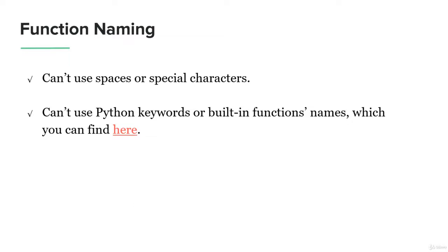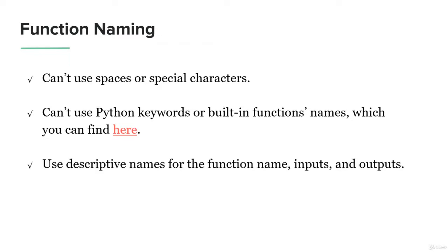You will see all the reserved keywords and reserved built-in functions that you cannot name your function with. For example, you cannot name your function f, you cannot name your function for, right? And so on. And please try to use descriptive names for the inputs, outputs, and the function name itself. This is a good practice for you and for other people who are working with you, if any.